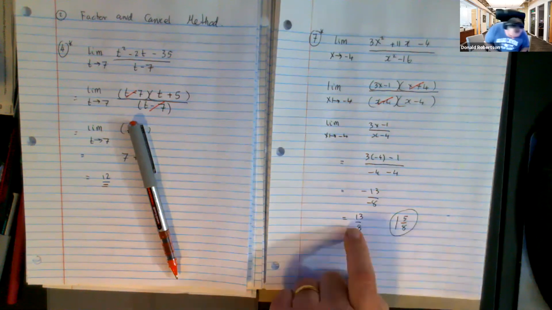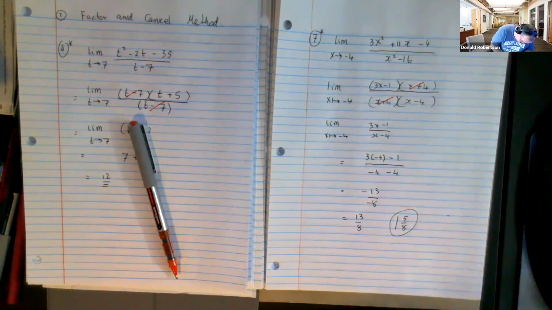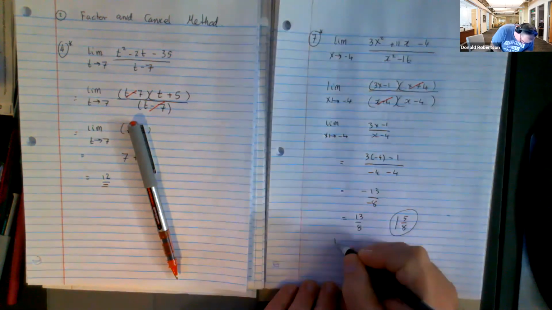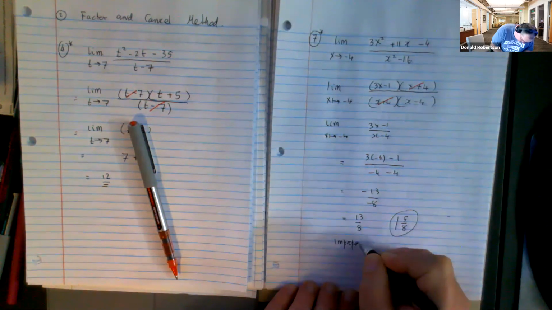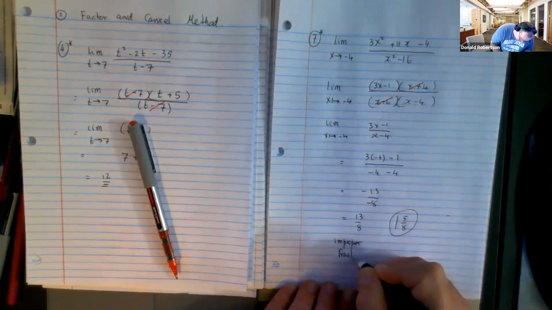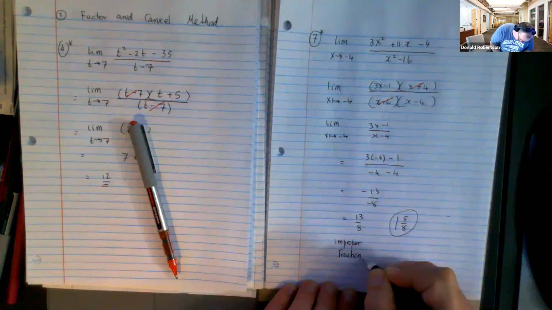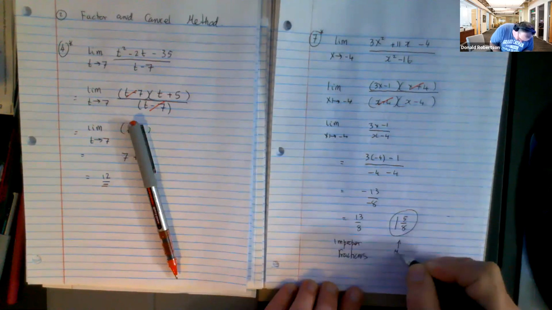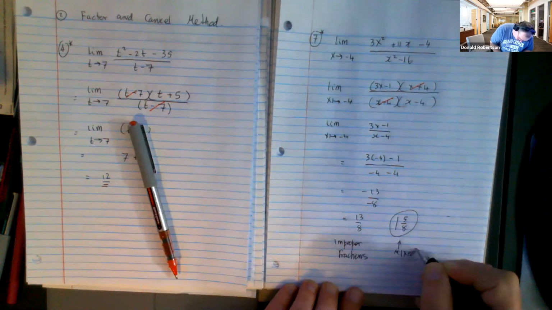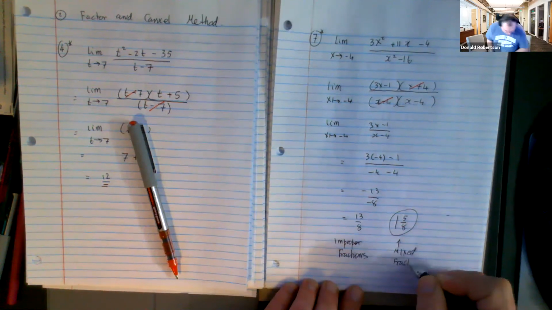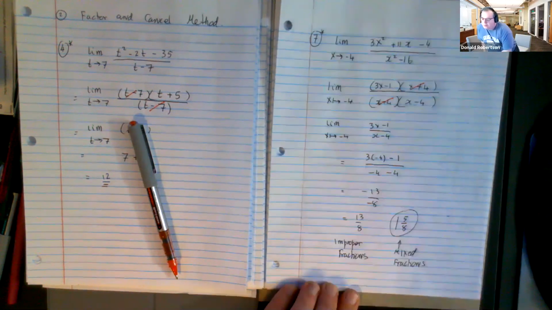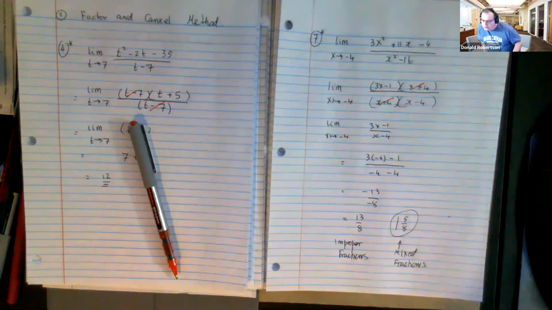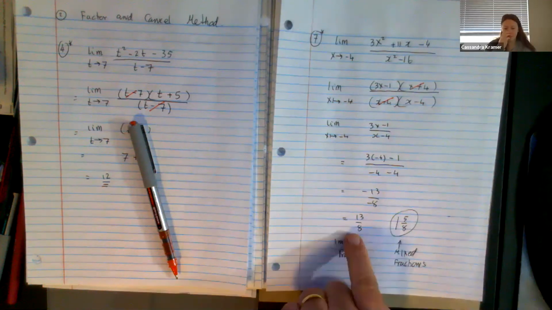I believe in America you call them improper fractions. And I believe you call these guys mixed fractions. Are those the terms that you're familiar with? Yeah. That would be called an improper fraction.